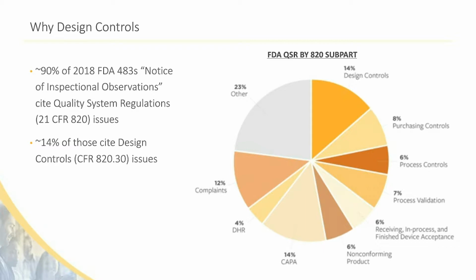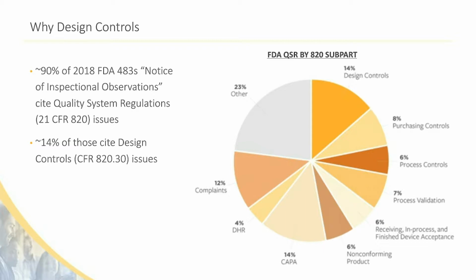Competitors may see it as a weakness to exploit. And internally, management needs to reallocate their time away from established priorities and toward resolving the issues identified by the inspectors. Having a solid design control foundation could prevent the expense and unwanted attention of a 483, but also a warning letter or even a device recall.